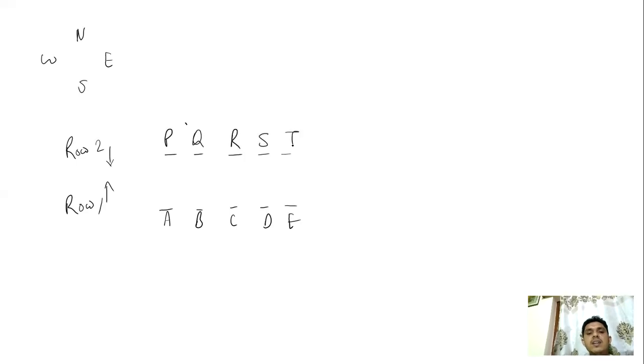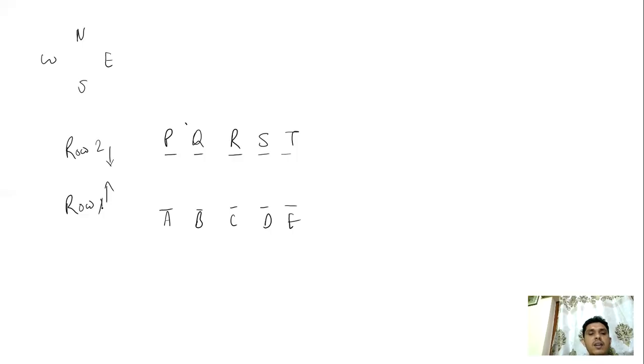So friends, there are certain things that we have to keep in mind while solving the questions of parallel line arrangement. When we were talking about a line, there were two ends of a line. If I'm talking about row 1, the ends are A and E, and if I'm talking about row 2, P and T are the ends, right?